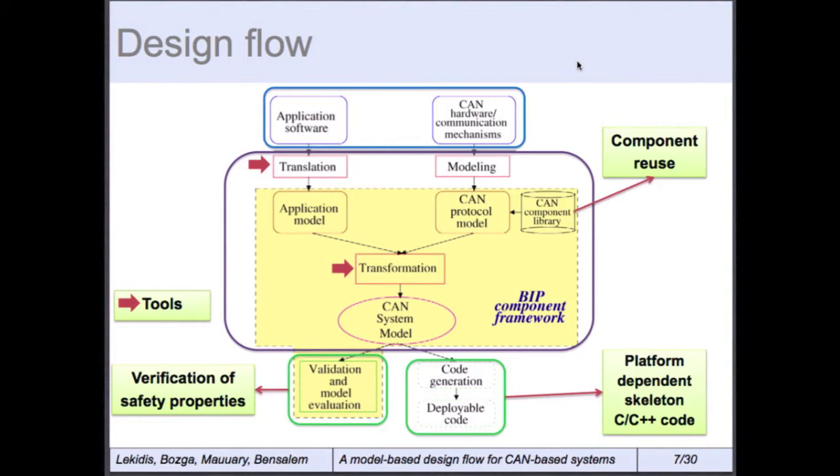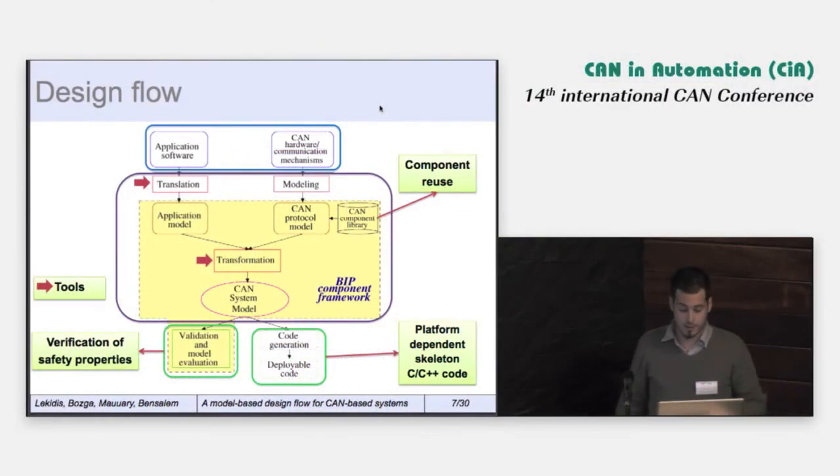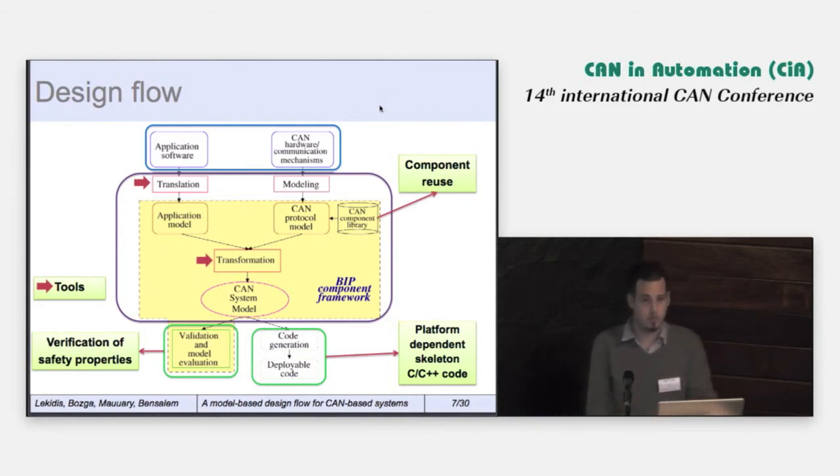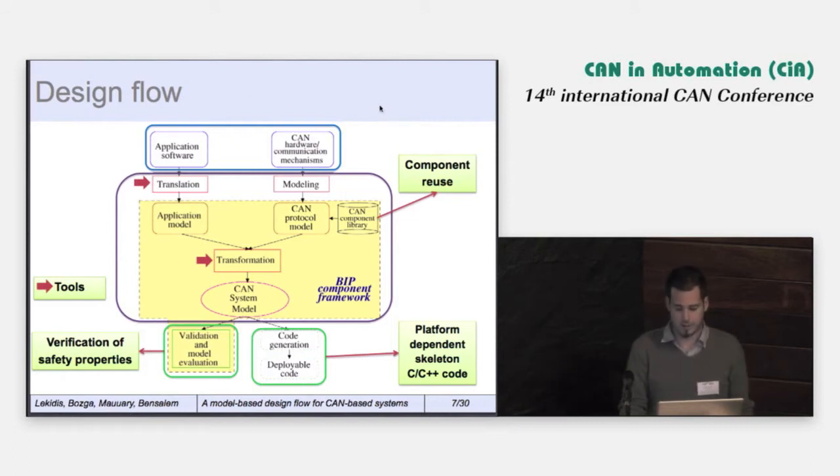So the reason that the system model is built actually is not only to verify the system with properties and do performance analysis, simulation, and all the things that are important in such systems, but also to generate code which actually can be deployable in the platform, such that I can say that I will have a system which is running on a bus, and then I will deploy the code to each device, and I will successfully instantiate it, and it will work.